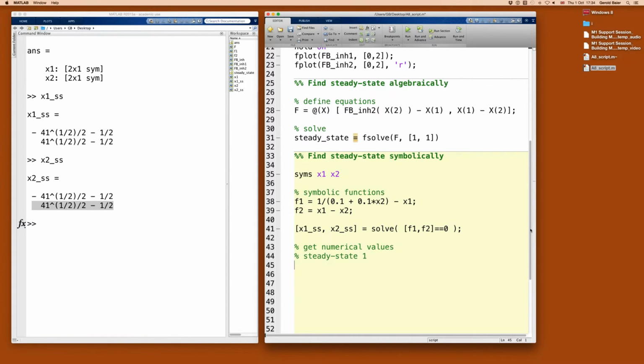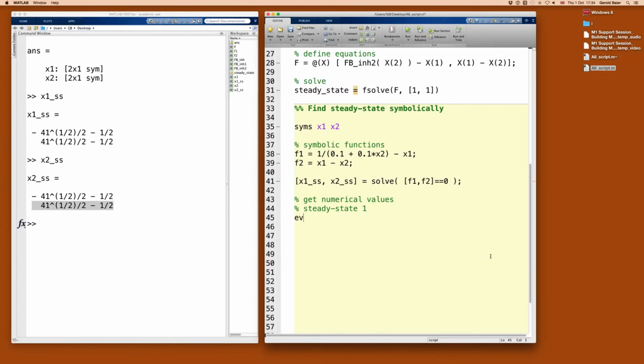Do you think you can print those values for us somehow? It might be so much easier. Evaluate. So we need to use the evaluate function. We can pass it another array. Again, we need to make sure we're getting them in the right order. So we want x1 steady state 1 and x2 steady state 1, that's the first steady state.